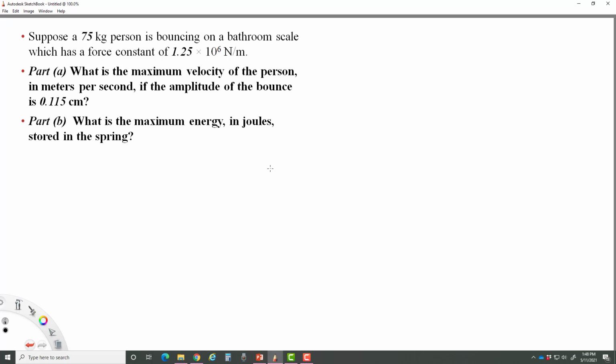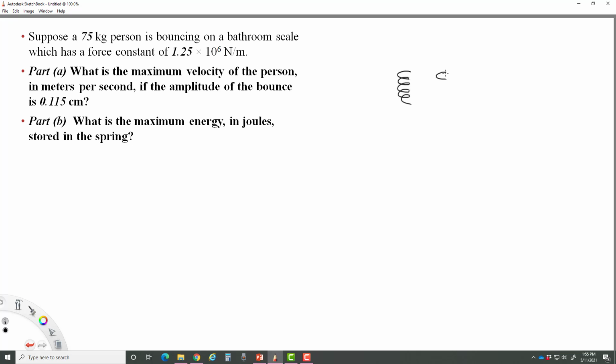So what we need to do here is to find the maximum velocity. Let's say that's the spring. Okay, so that's the spring of the bathroom scale, and it's doing this bouncing.